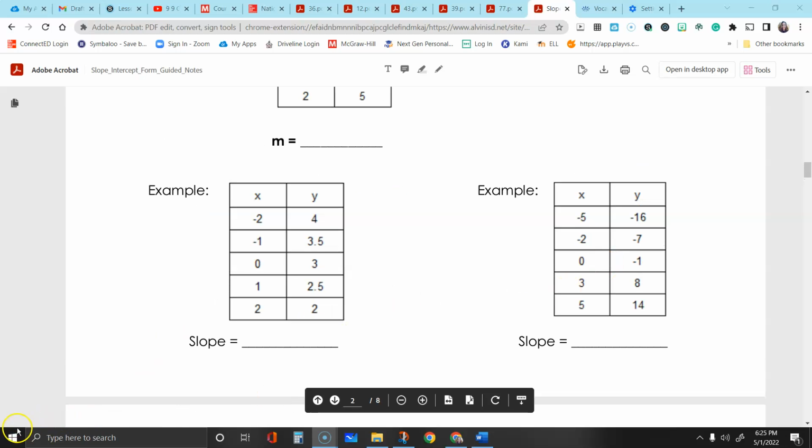Let's look at our next example. Our change in y, -1 to 8, 8 to 14. We're adding something.